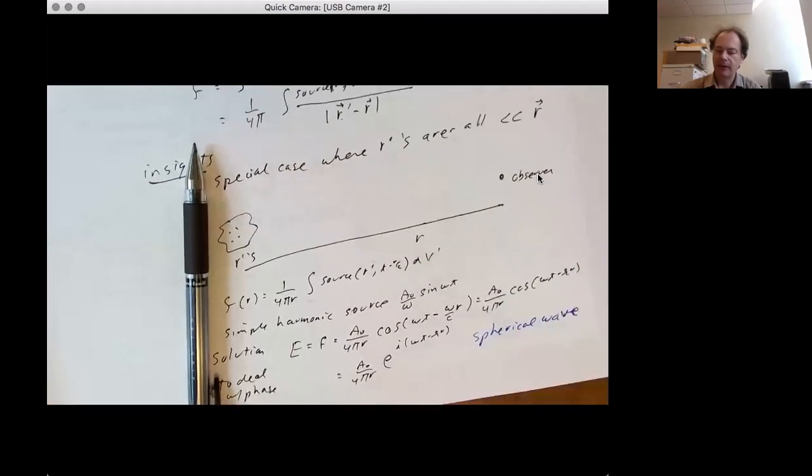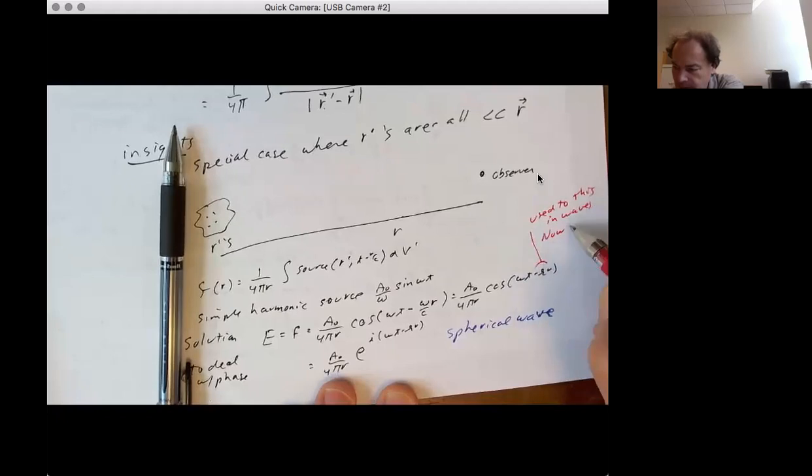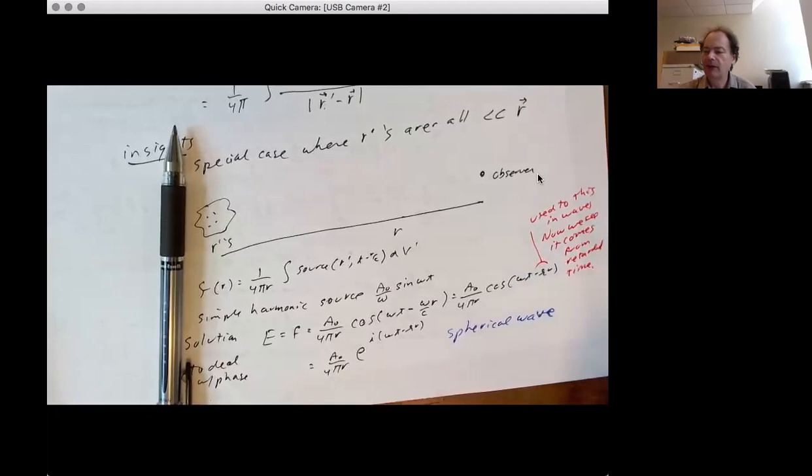Now, the important thing to note here is this kr term here. We're used to this from waves. But now we see it comes from retarded time. And without retarded time, there's no radiation.